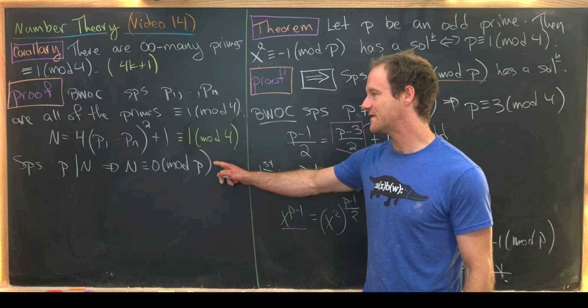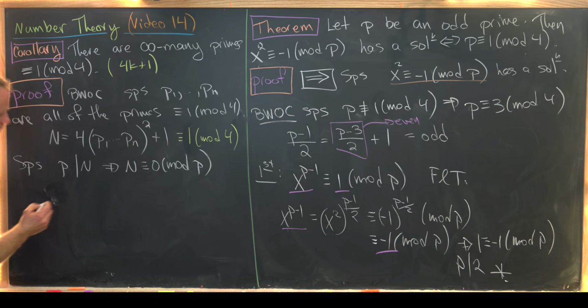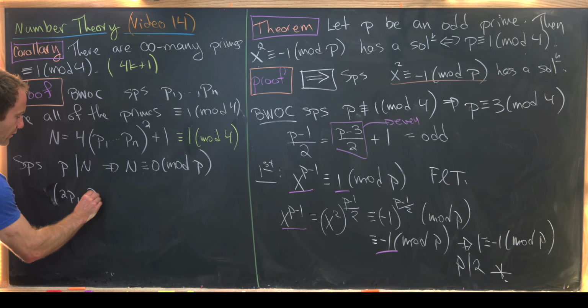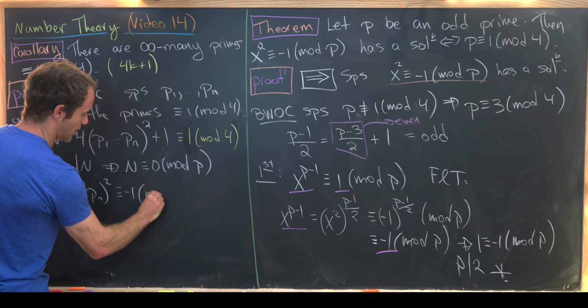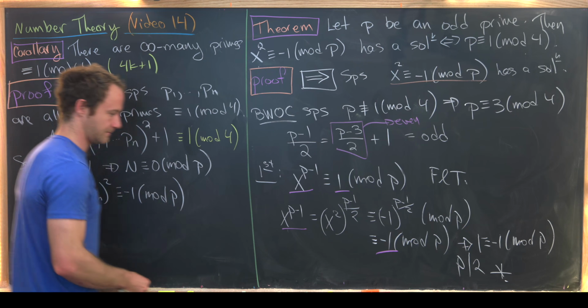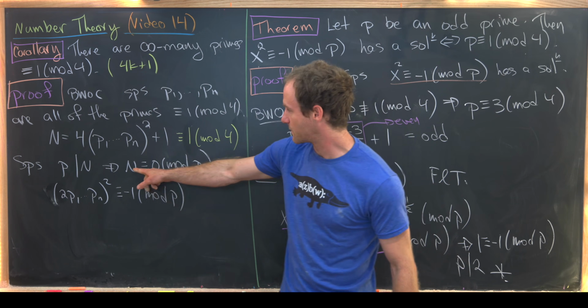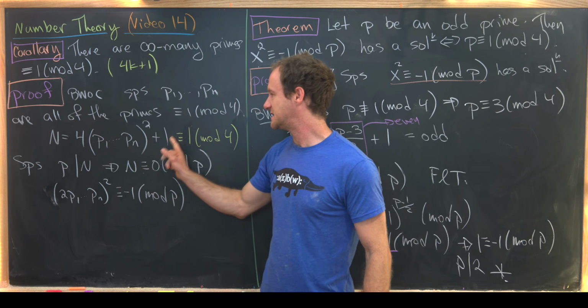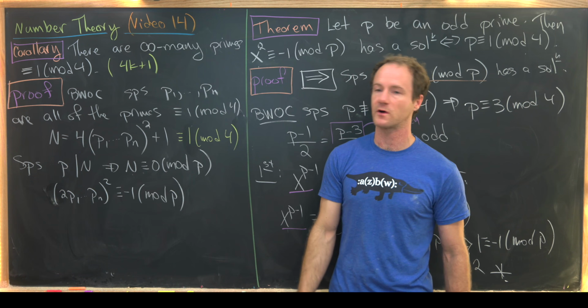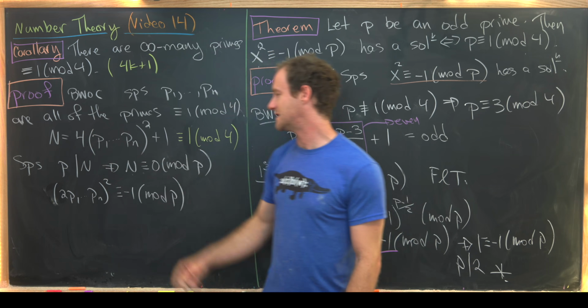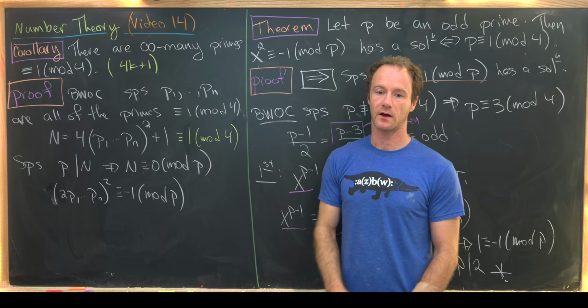Okay, so now let's take this and rewrite it a little bit. Let's notice that this tells us that 2 times P1 all the way up to Pn, squared, is congruent to -1 mod P. So we got that just from inserting this definition of N into this congruence and moving the 1 over and then moving the 4 inside of the perfect square.